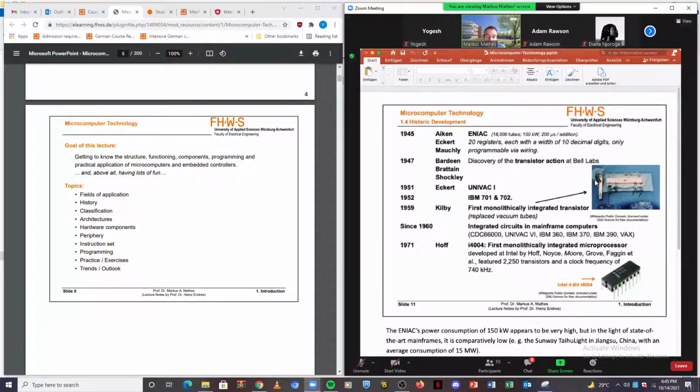We have 20 registers. You can also underline this term registers because we will use it a lot during this class. A register is a memory cell within your CPU. That's in the end the memory cell that can be driven with the highest frequency, the system frequency.